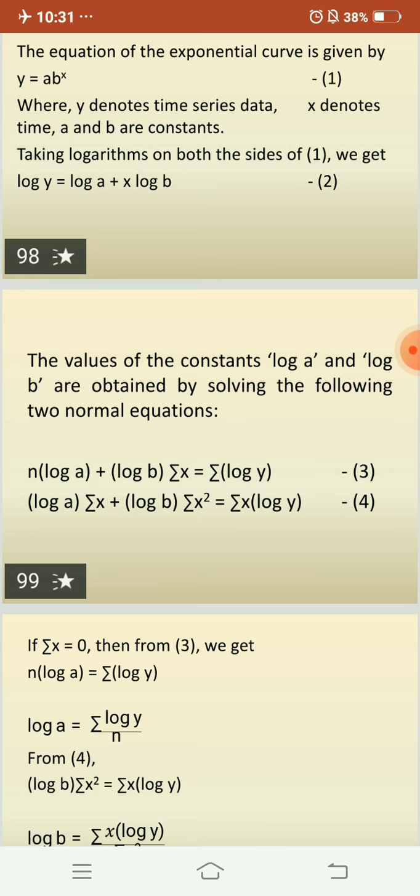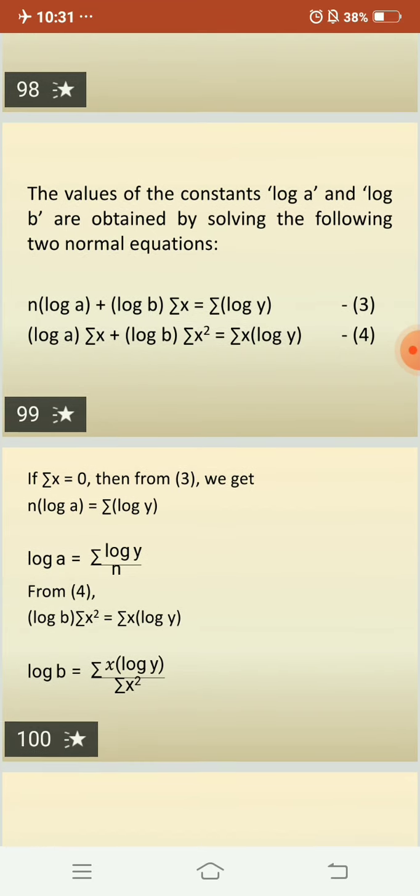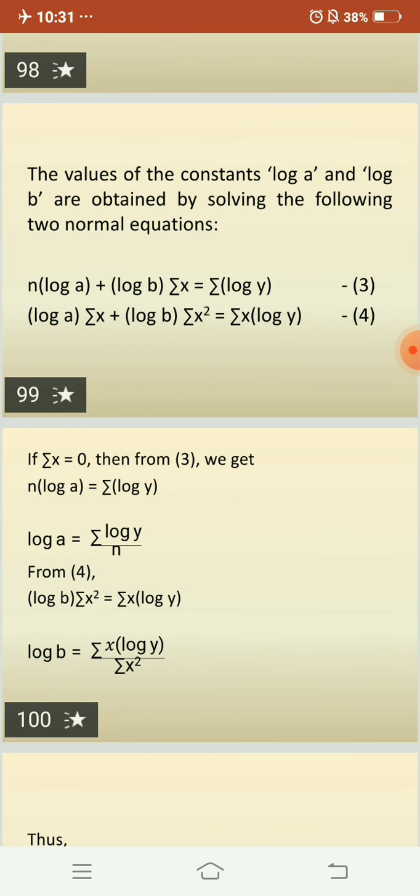Again multiply the second equation by summation x: you get log a into summation x plus log b into summation x square equals summation x log y.